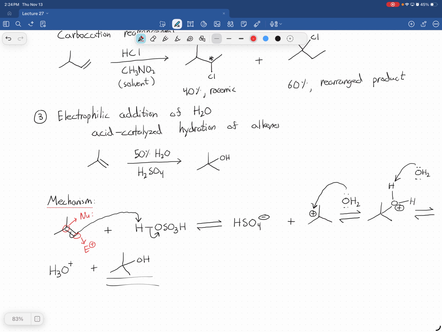Okay, least substituted position. Okay, are there any questions about this? So let's sum it up. Electrophilic addition, adding the electrophile part of a substance and the nucleophilic part across a double bond. The least substituted side gets the electrophilic atom. The more substituted side gets the nucleophilic atom.